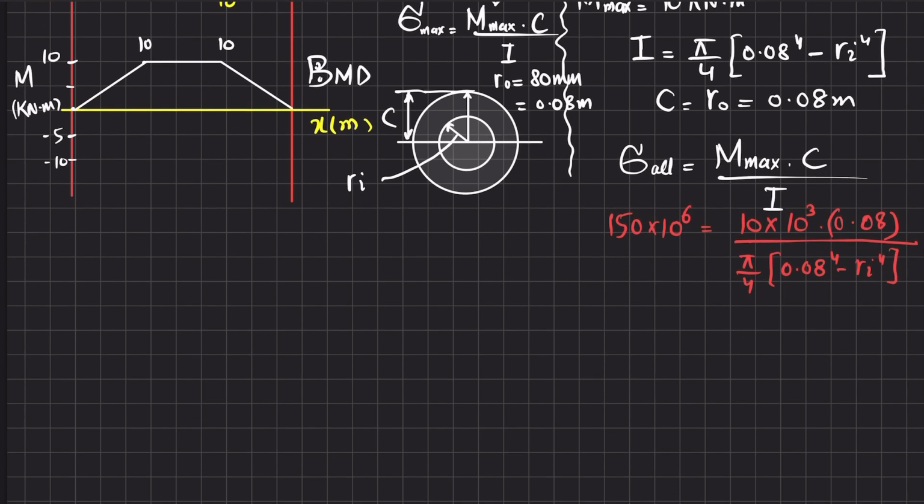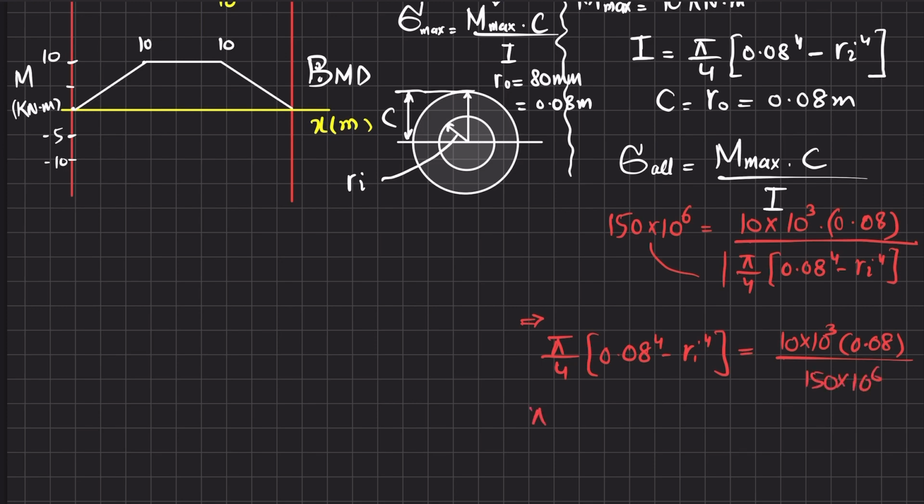So we will bring this whole term to this side. So pi by 4 into 0.08 power 4 minus pi by 4 Ri power 4 is equal to 10 into 10 raised to power 3 into 0.08 divided by 150 into 10 raised to power 6.